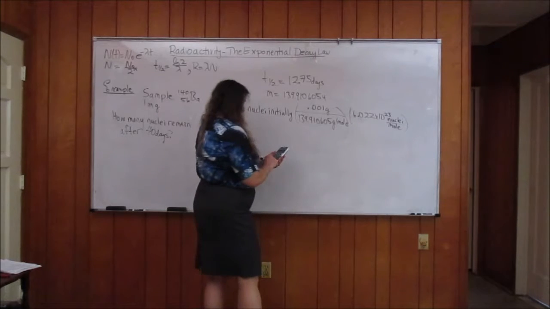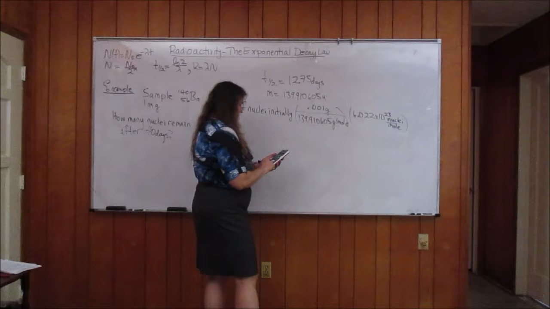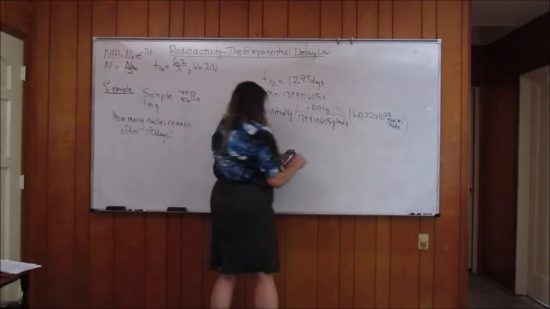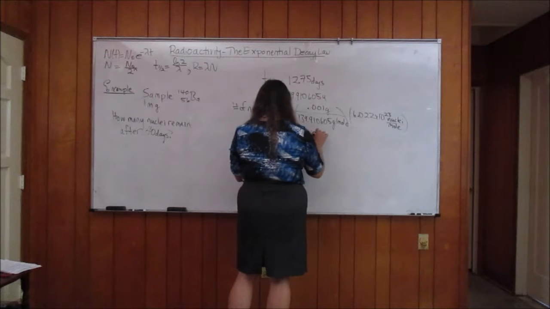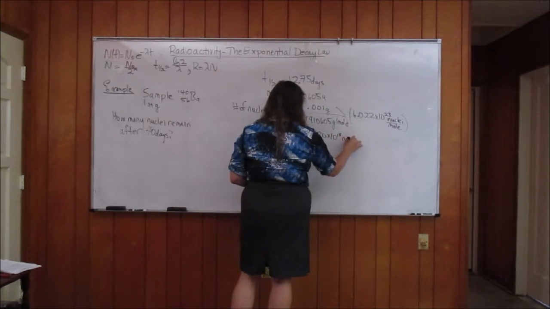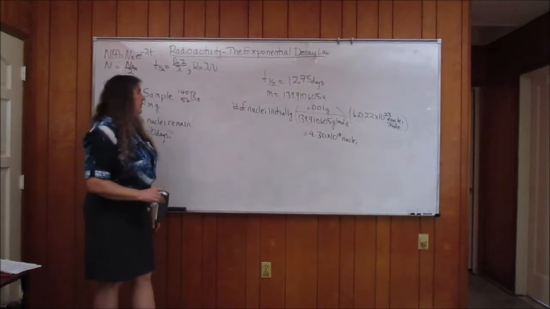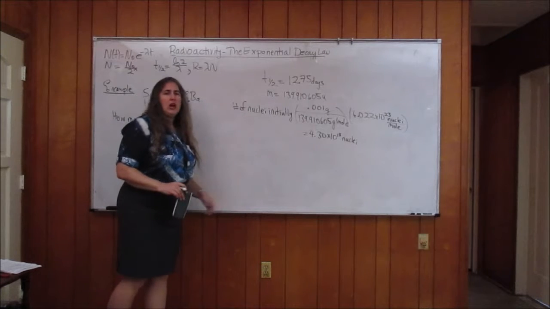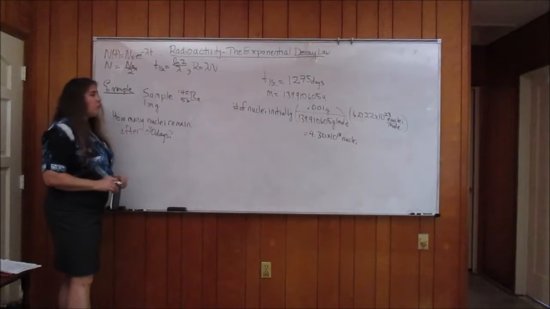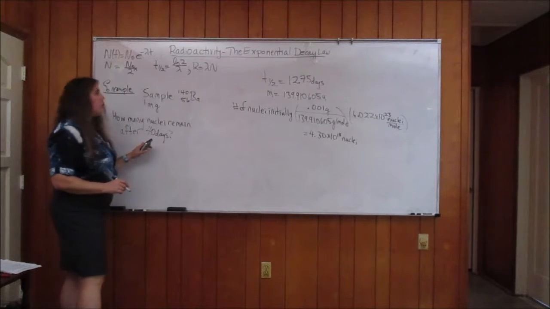So there will be 4.30 times 10 to the 18th atoms, and hence nuclei, in your 1 milligram sample of barium 140. Okay, so the question is how many nuclei remain after 40 days?